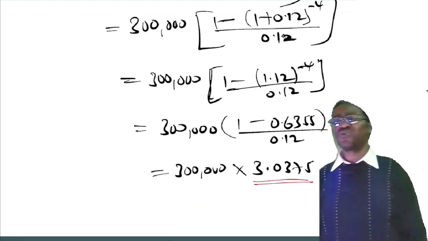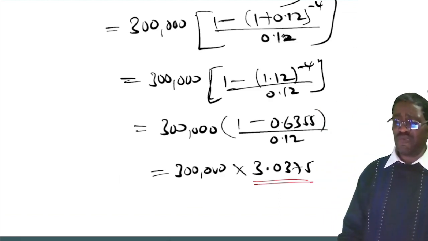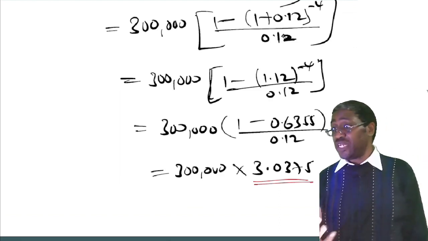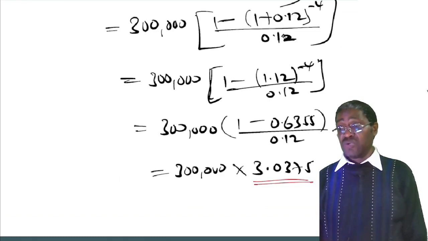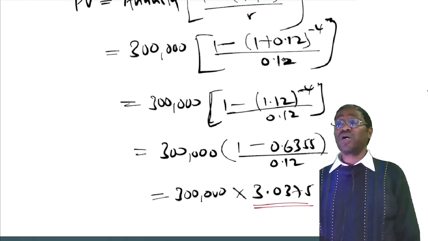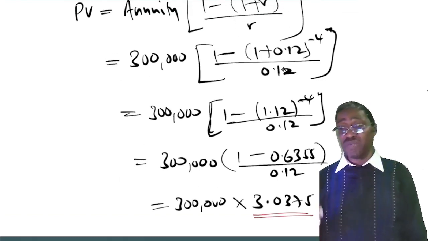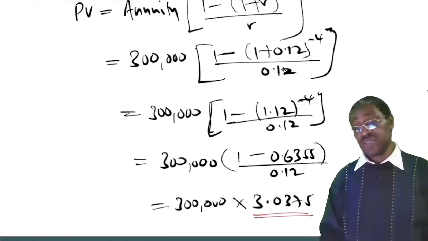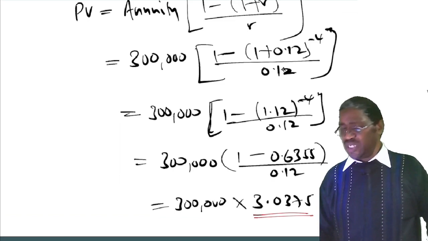Let's go back to the table for the present value interest factor and see whether we shall get that. Maybe slightly different because we rounded when compounding the 12% four times, the power of negative 4, to 4 decimals. Otherwise, it should be the same.